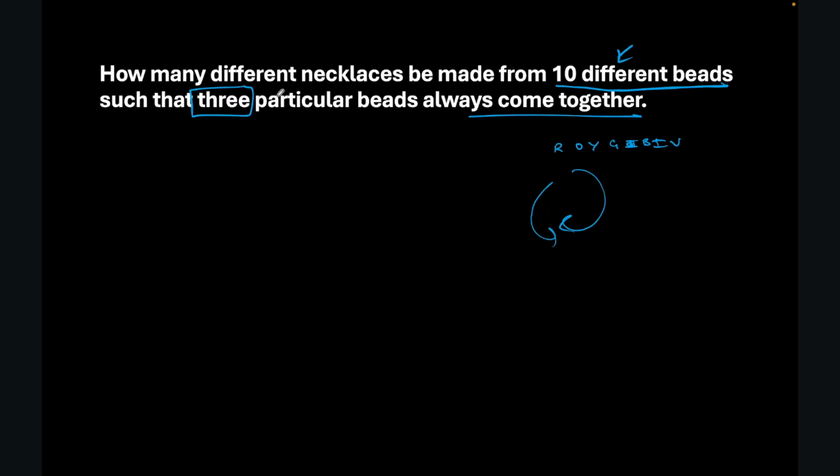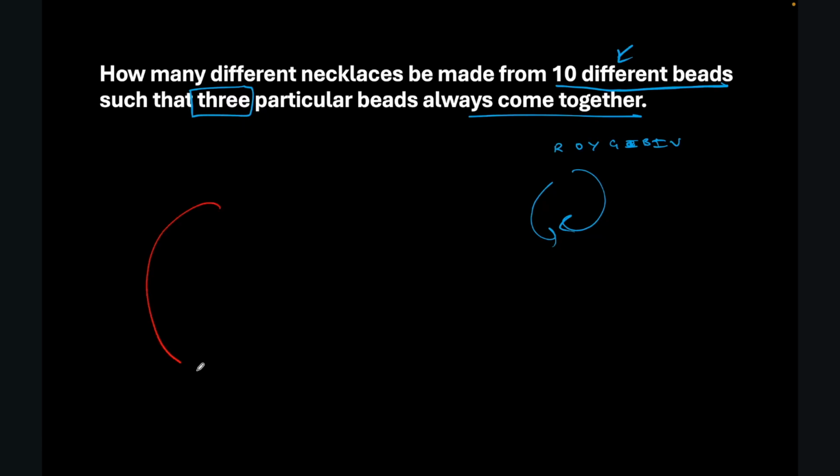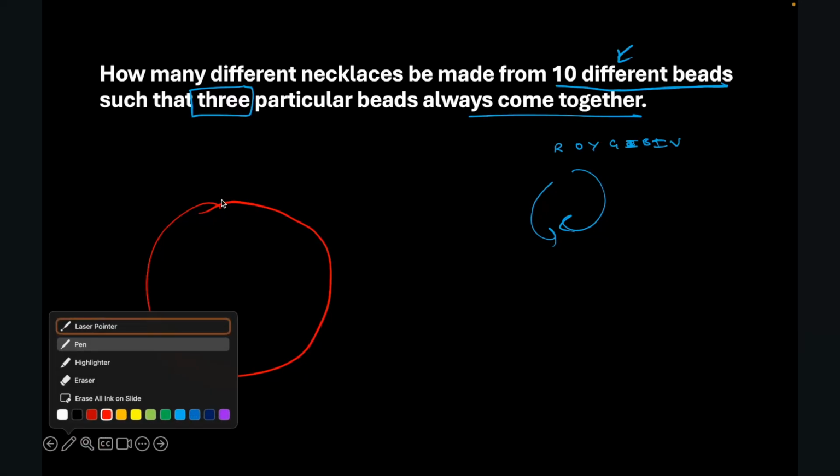Anyways, so how many ways can 10 different beads be arranged such that 3 particular beads are always together? Okay, so let's draw it out. So I have a big table or a big string, and I'm gonna put beads around it.